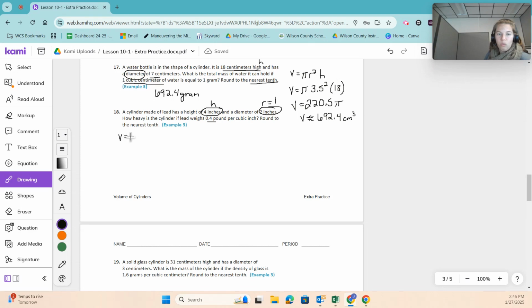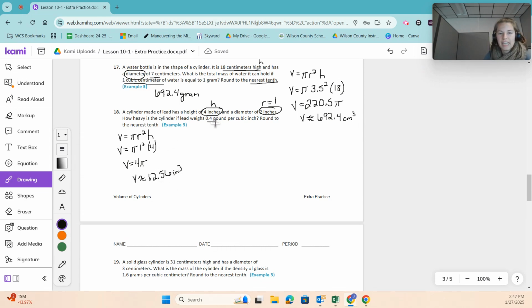So volume equals pi times the radius squared times the height. Okay, volume equals pi times 1 squared times 4. 1 squared is 1. 1 times 4 is 4. So we have 4 pi is our volume. And then 4 times pi is going to be 12.56. So the volume is approximately equal to 12.56 inches cubed.